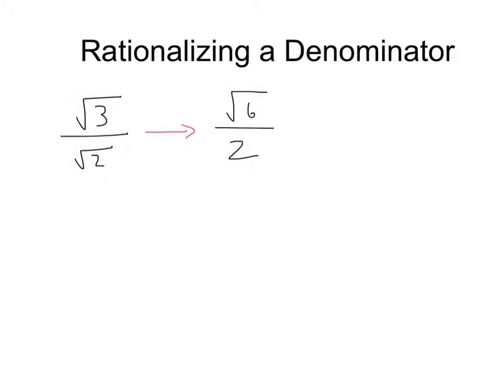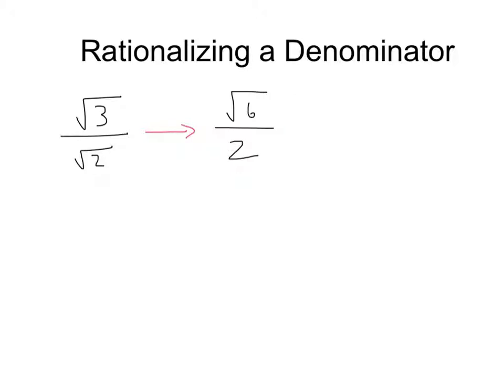And why would we do that? Well, the reason is that in some types of math, we want to avoid having a square root or any type of root on the top of a fraction and on the bottom of a fraction. In some places in math, especially in trigonometry, you want fractions that only have a radical in the numerator.